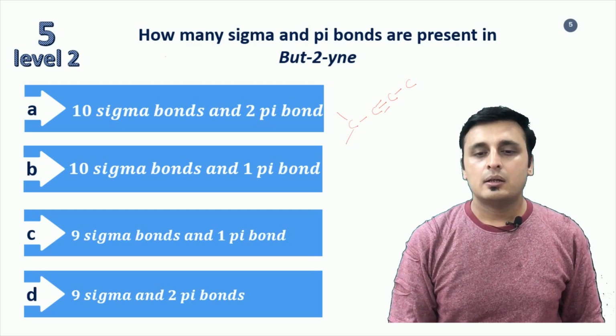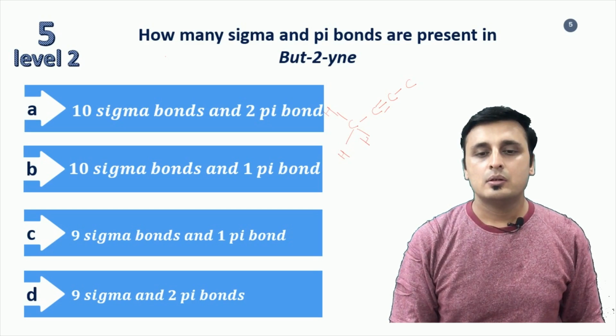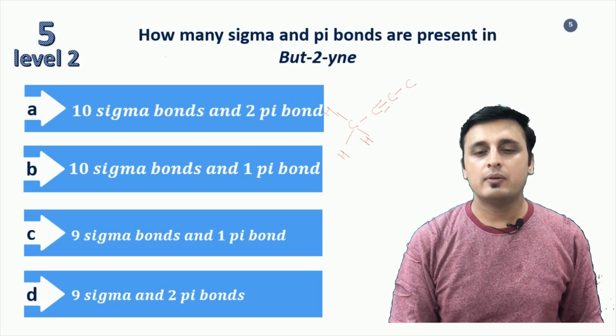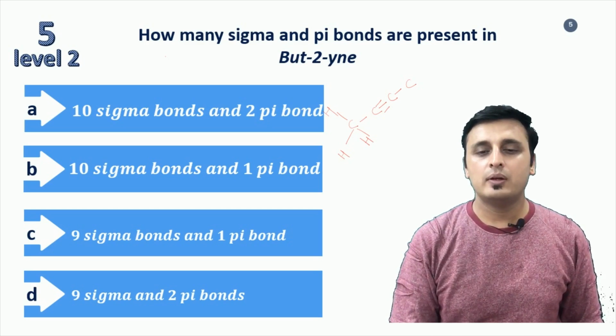The remaining valencies are occupied by the hydrogens. So you can see that this carbon is already tetravalent, all the valencies are fulfilled.